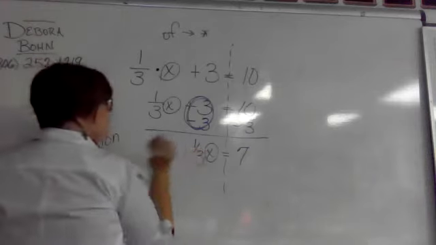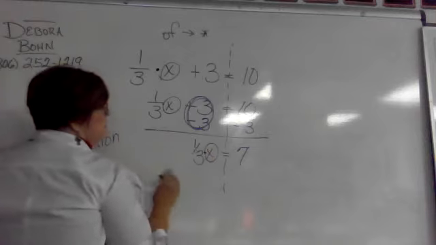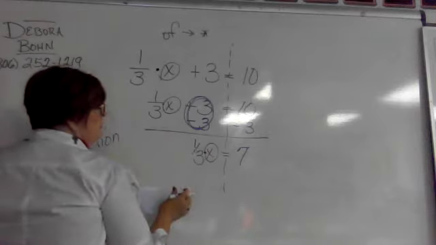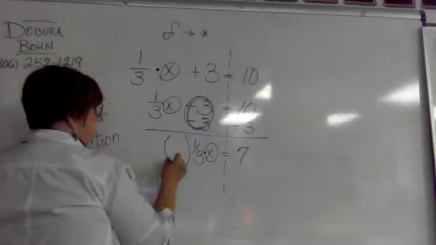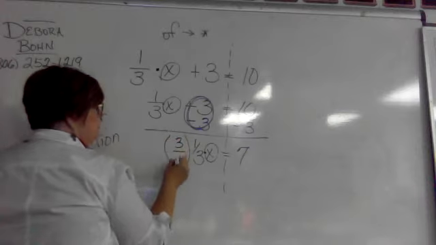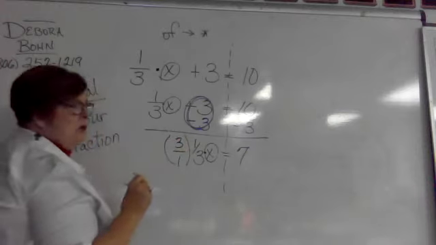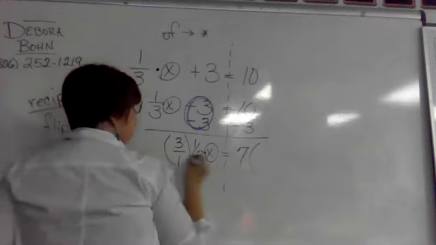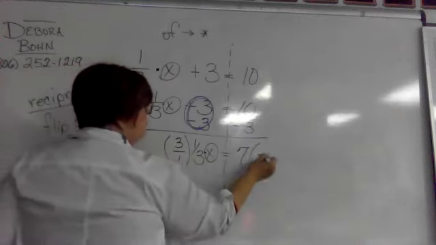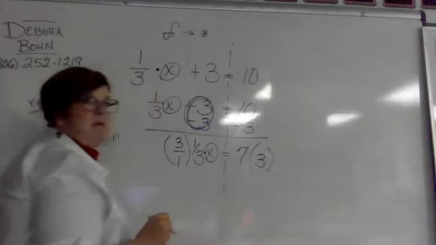So we decided we want to get rid of a times 1/3. We're going to times by the reciprocal. So the reciprocal of this would be 3 over 1, yes? But before we go any further, we have to balance the equation. So I can do 3 over 1, or I can do 3 here. It means the same thing, yes?